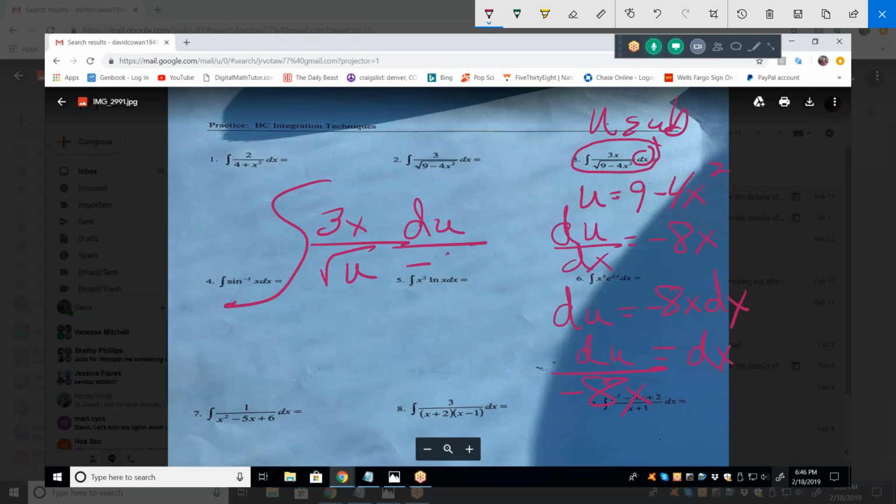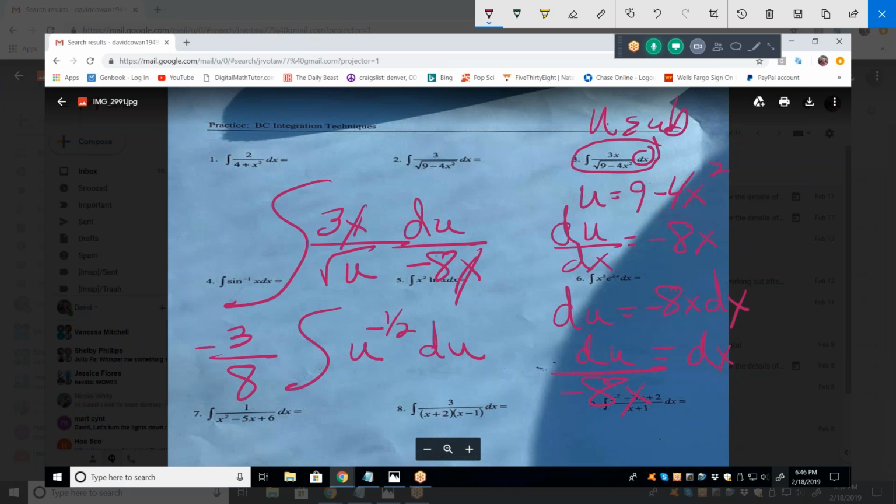That accomplishes what we absolutely have to do, which is to get rid of that x. You cannot solve an integral of u if you have an x in it. Now the numbers are easy. We can take that negative 3/8 out if we want, just to simplify things. And I'm going to turn this into u to the minus 1/2 du. See what I did? Everything?